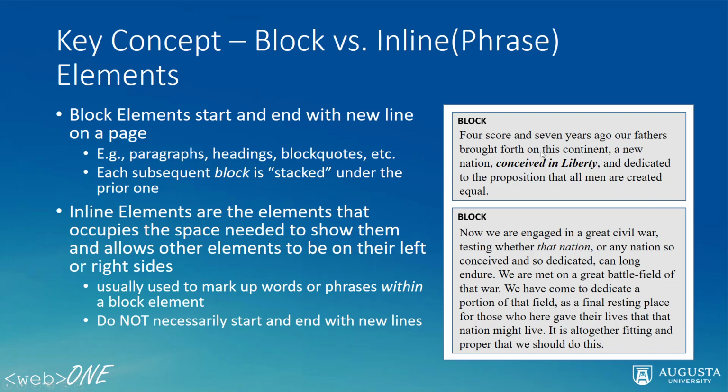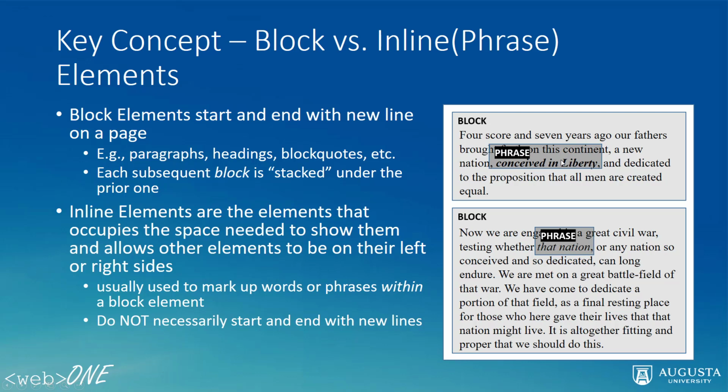Within the first paragraph, this text is actually italicized and bold. And as you see, this element only occupied the space that is needed to show its content, and we have some stuff on its left and on its right.